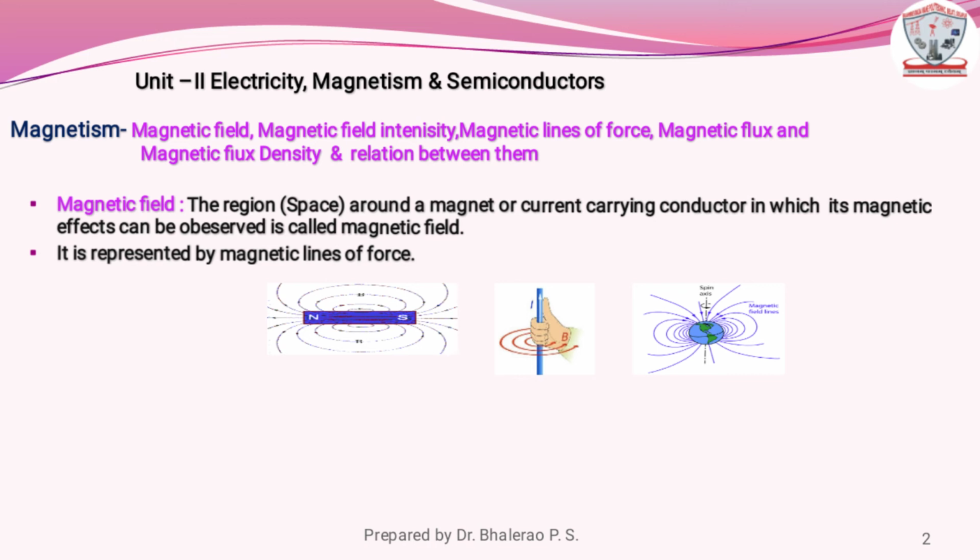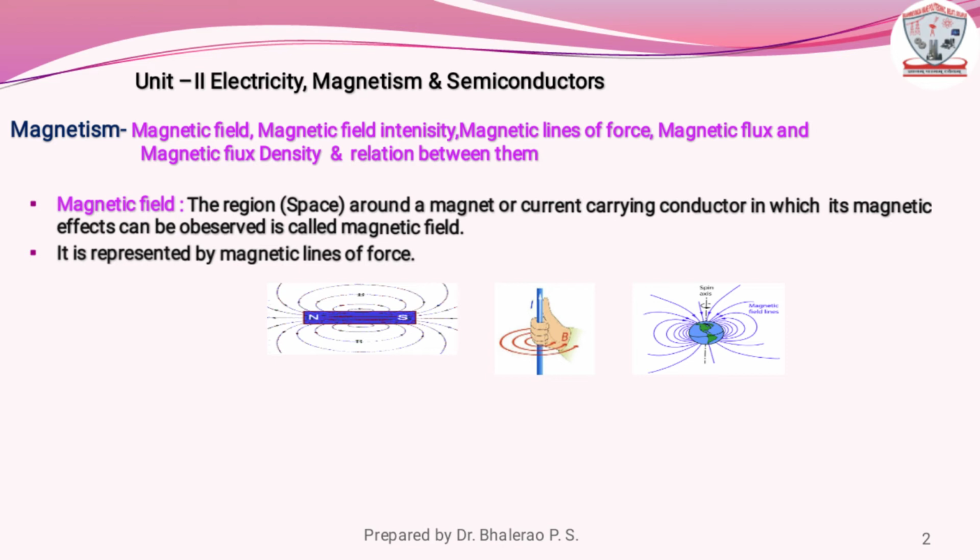Now the first, magnetic field: the region or space around a magnet or current carrying conductor in which its magnetic effect can be observed is called a magnetic field. It is represented by magnetic lines of force. See here in the first image, the bar magnet.